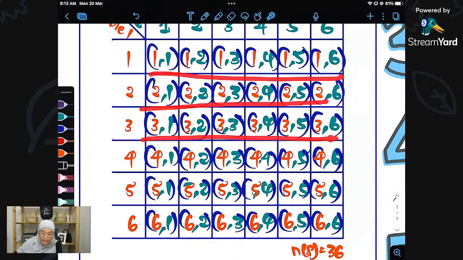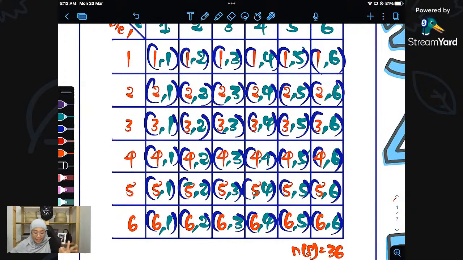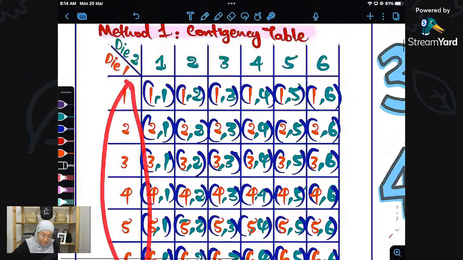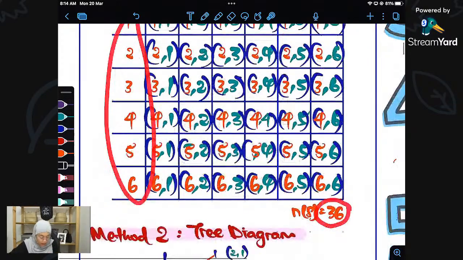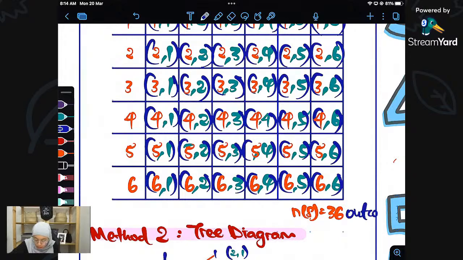So when you throw 2 dice, it can be any outcome here, either 4-2, or 6-6, or 6-1, any of the possibilities. Basically, 6 times 6 will give you 36. Therefore, these are the 36 outcomes that will happen when you throw 2 dice.